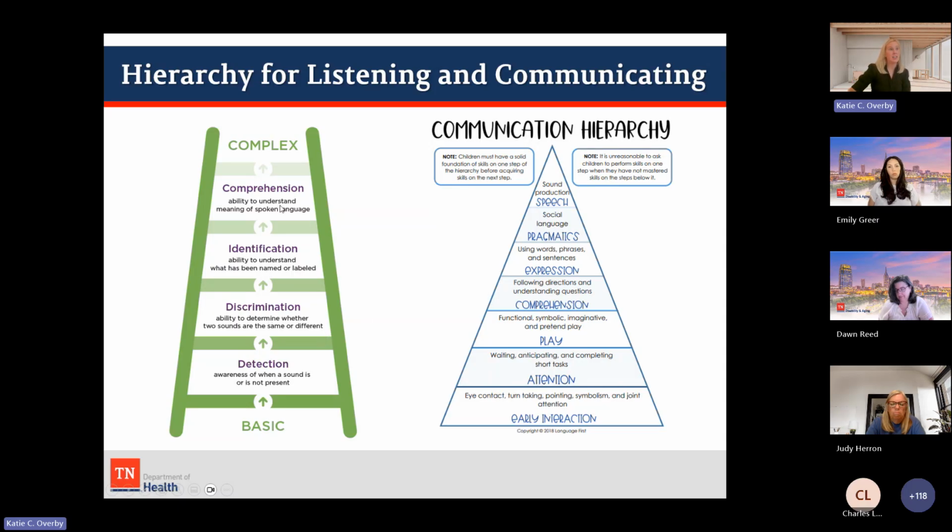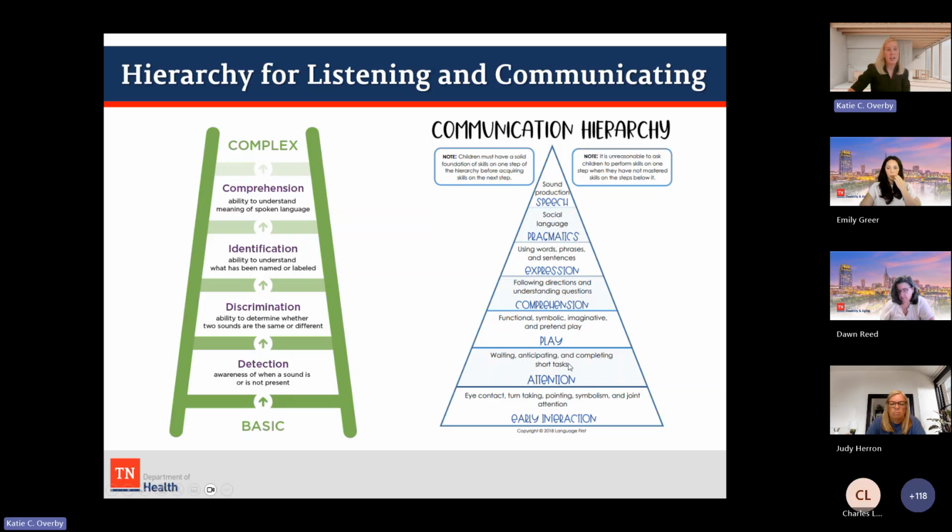Then identification and comprehension. That's where then if they heard the fire truck, I heard it, there's a fire truck. What did you hear? You heard a fire truck, as opposed to hearing a bird chirping, or a dog barking, or a vacuum cleaner. So we want to make sure that we're working our way through those, and they need to have the detection before we can move through.